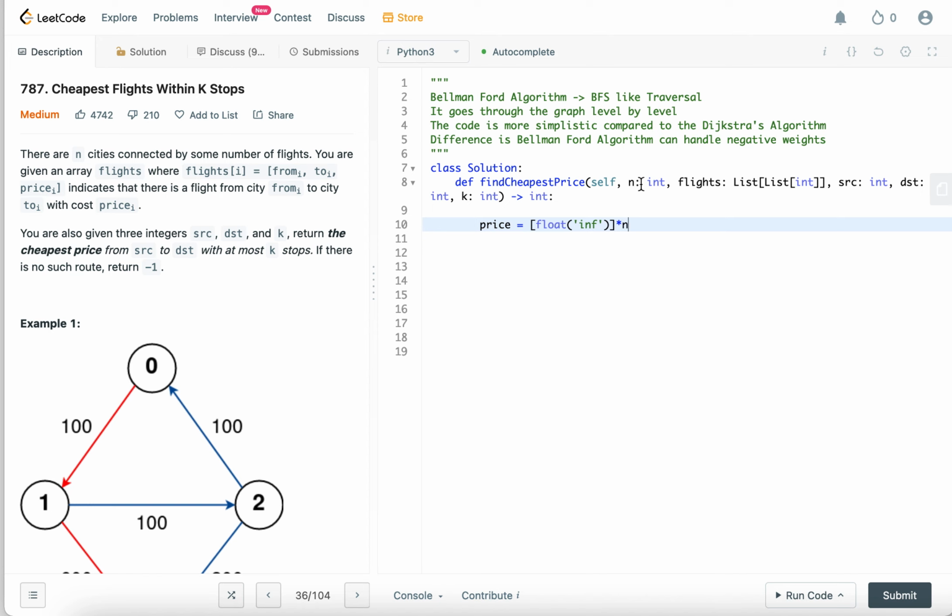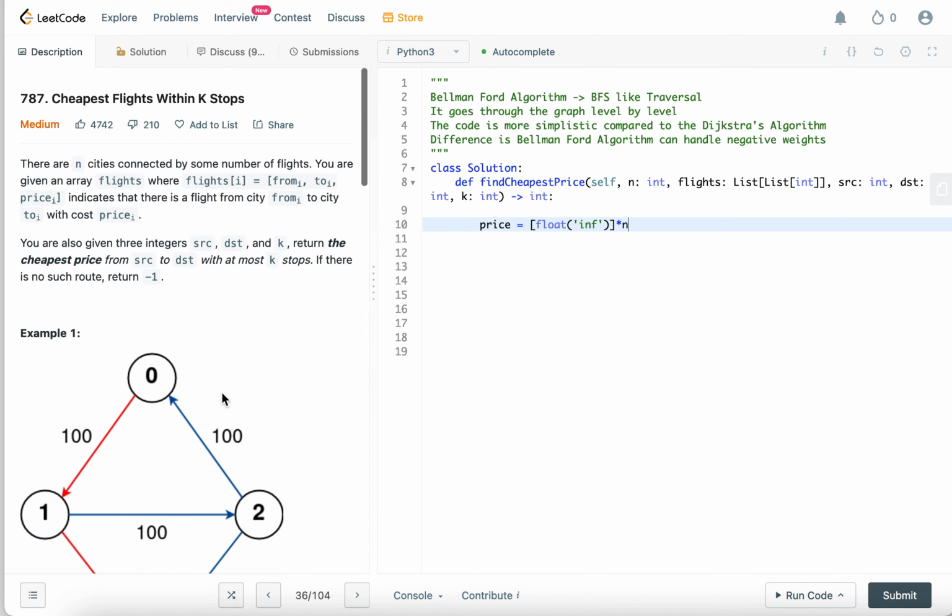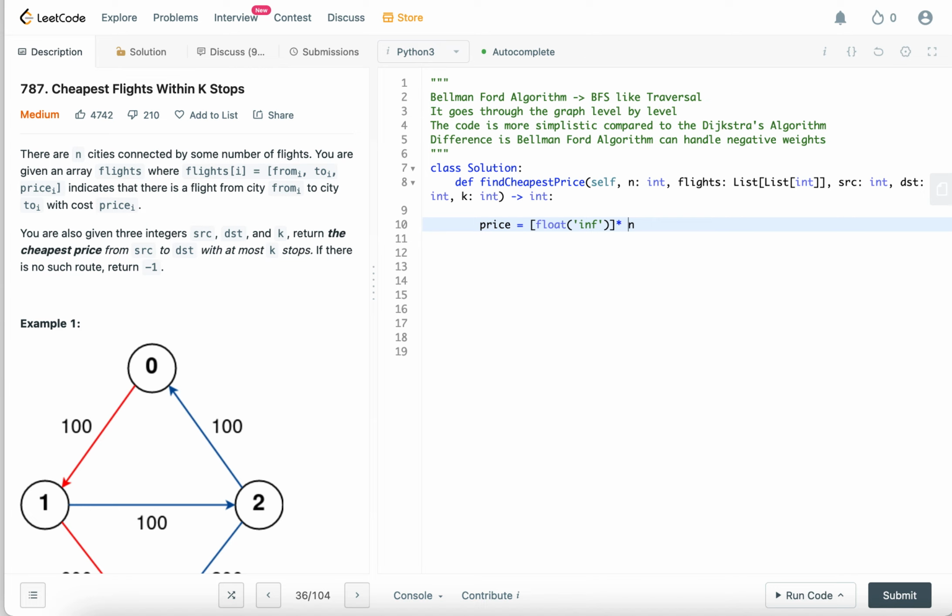And I'm gonna times it by n. N is the number of vertices there are. And within price, I'm gonna initialize the source that's passed in as 0, because the price of going to itself is gonna be 0. So we have a starting point there.